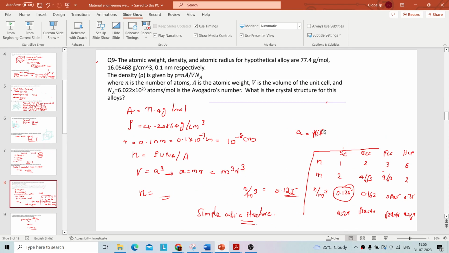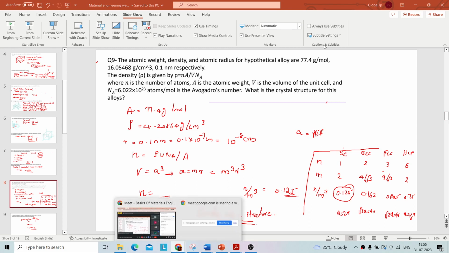Whatever relation we write between A and R, the numbers that come there, right? 4 over root 3 or 4 over root 2 or 2 or 3. These numbers we call M, a constant. It's not that important, but if you know this, the problems will be easily solved. Otherwise, you have to remember every time how to generate the relation between A and R.